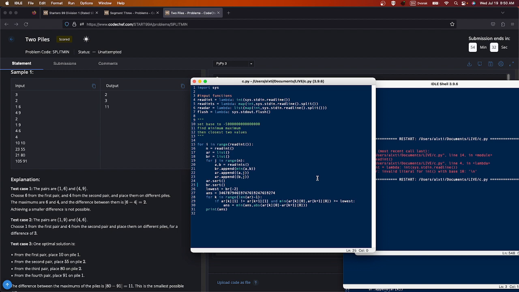If you take the minimum of everything, then you know what the lowest has to be.